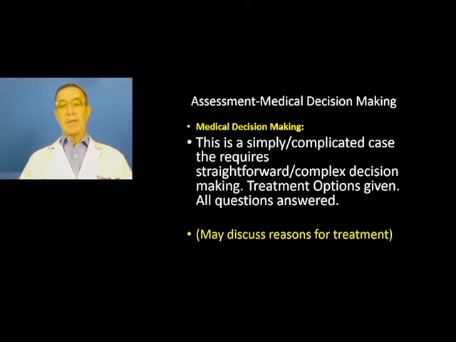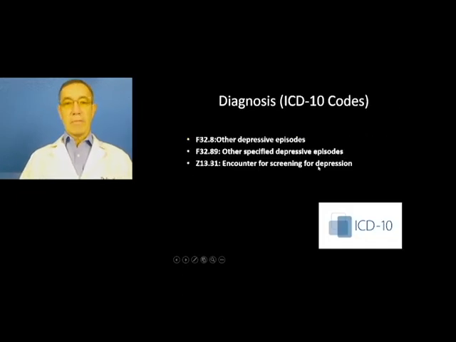And on the assessment of the medical decision making, you want to know, is this a simple situation or a complicated case? Does it require straightforward or complex decision making? And then this is a chance for the provider and physician to give a rationale and reason for the treatment that they have picked.